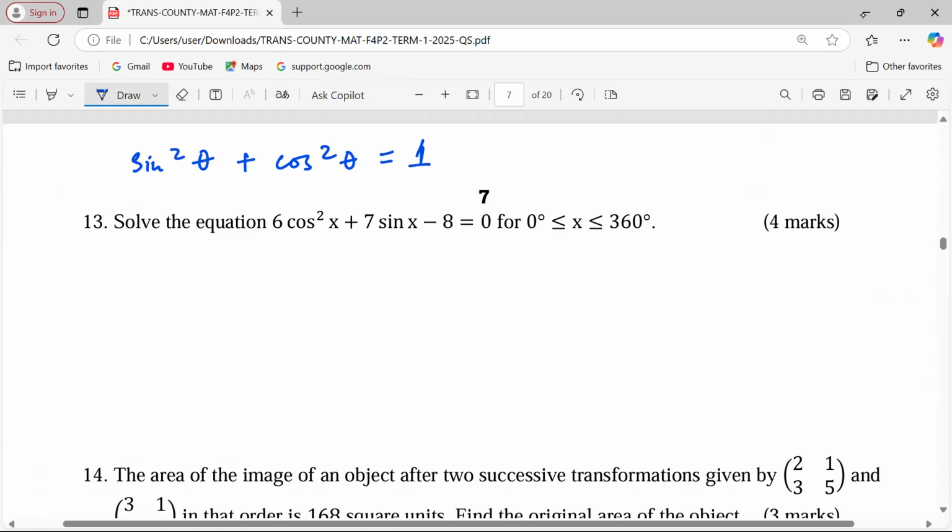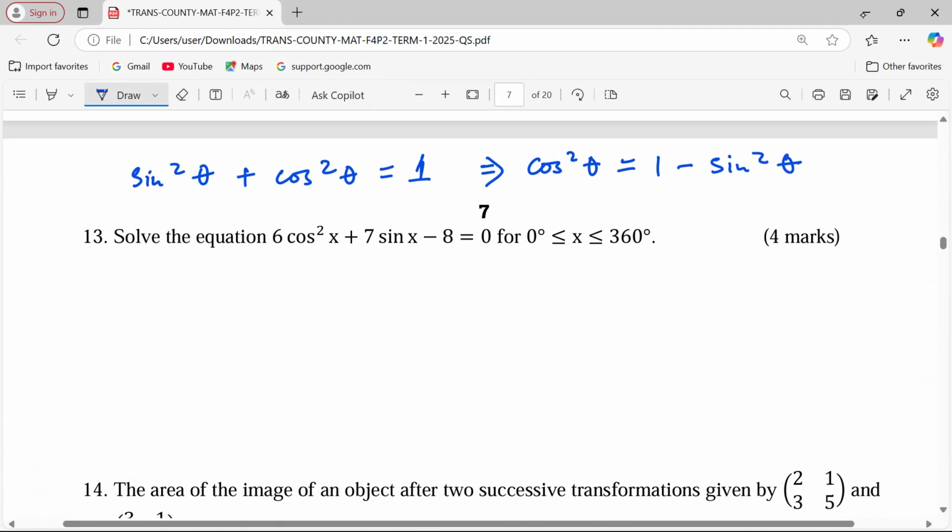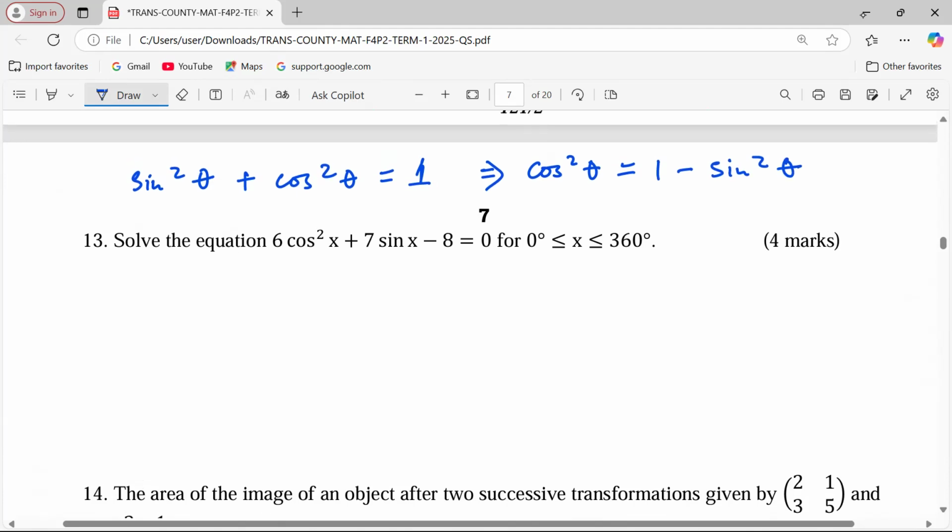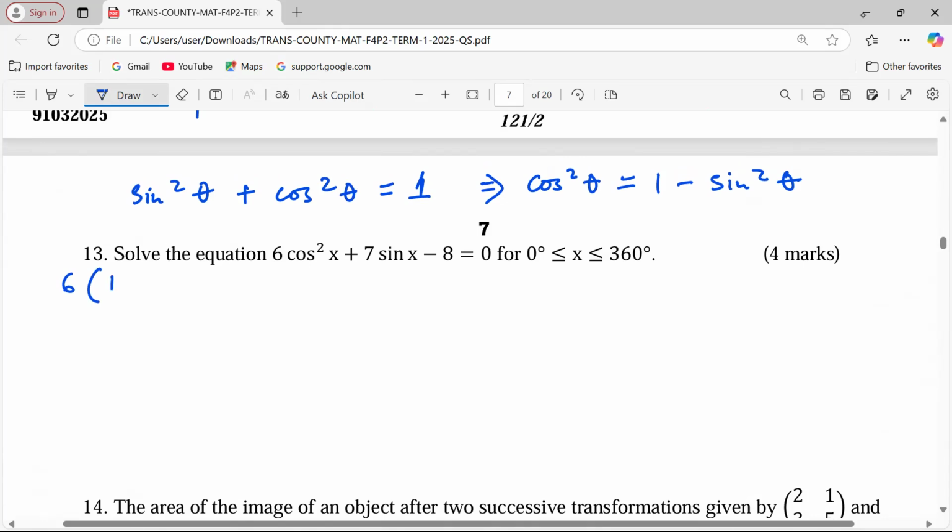This means that we can make cosine squared the subject and take 1 minus the sine squared of x from the same trigonometric identity. So here I'll be having 6, and instead of the cosine squared of x, now I'll have 1 minus the sine squared of x, plus 7 sine of x minus 8 equals 0.